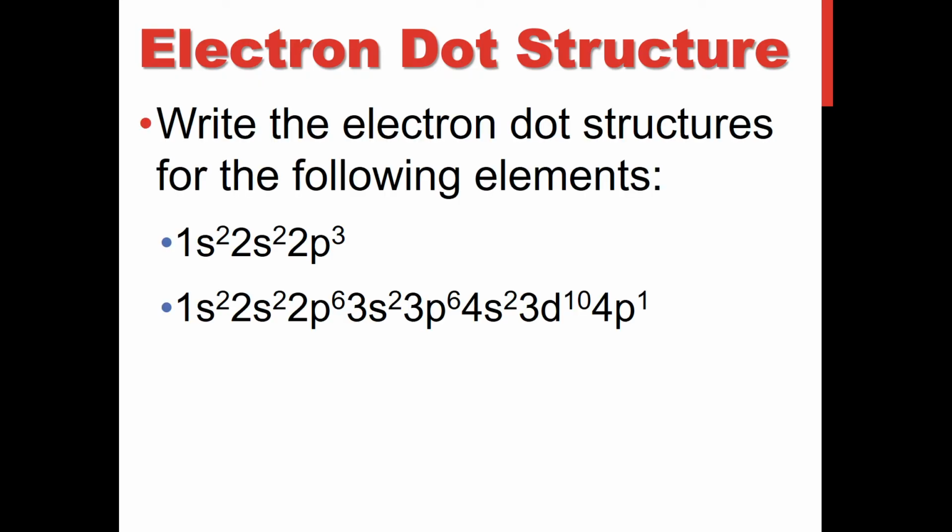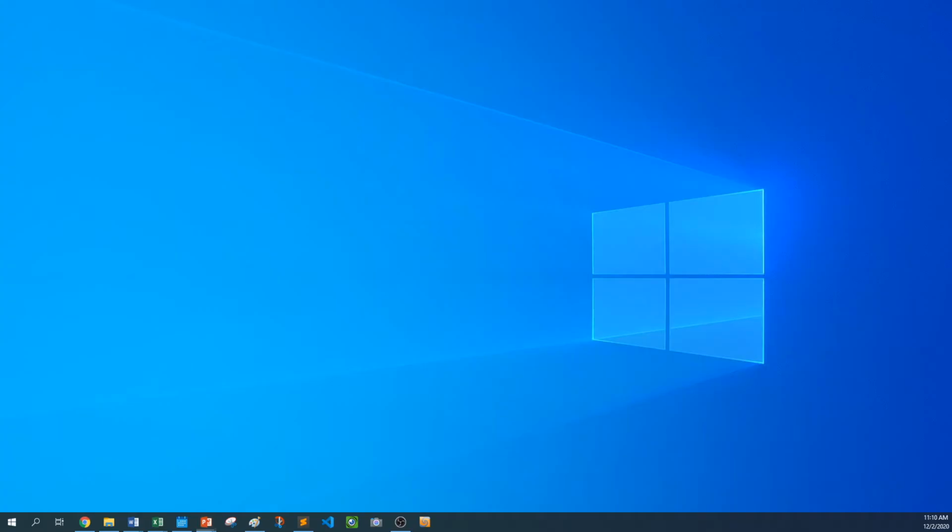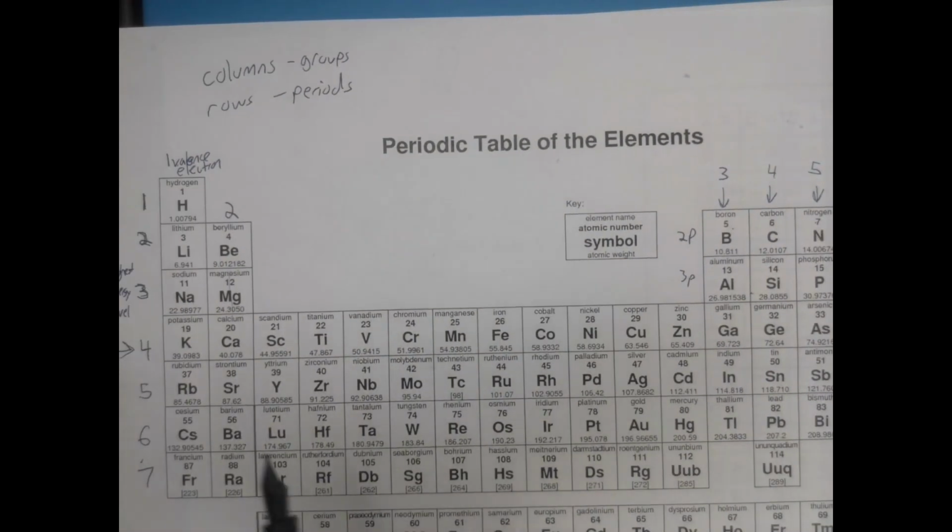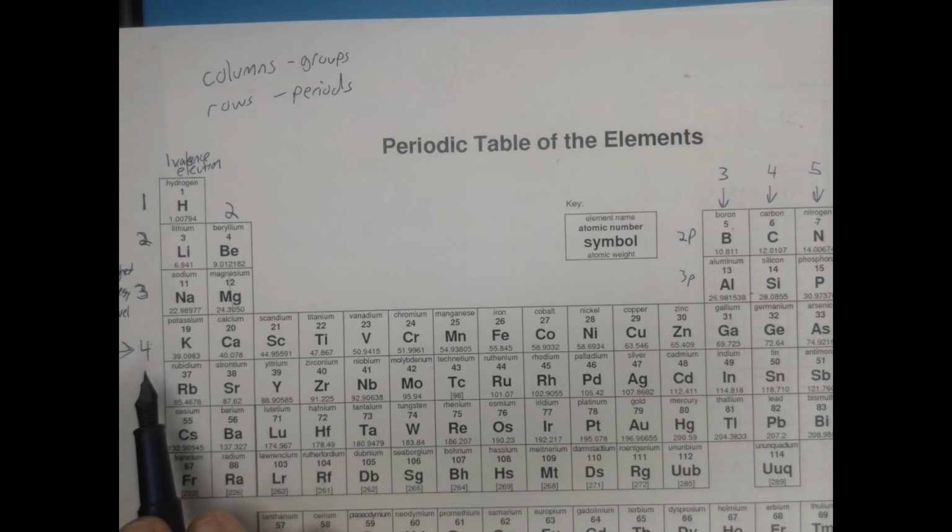So what would this one be? Again, you can count up all the electrons to figure it out, but if you have the periodic table memorized, then we know it's going to be in the P block section. We know it's going to be the 4th period, or 4th row. And the 1 on the P tells you it's going to be the first one. So, row 4, we're looking at 4p1.